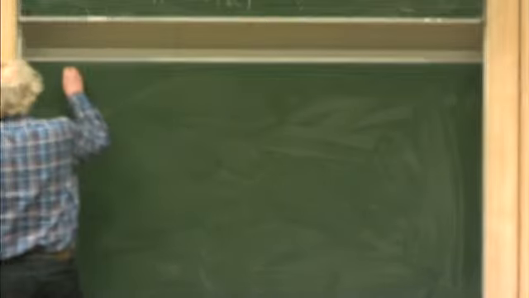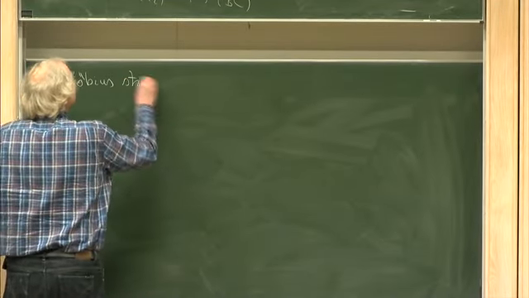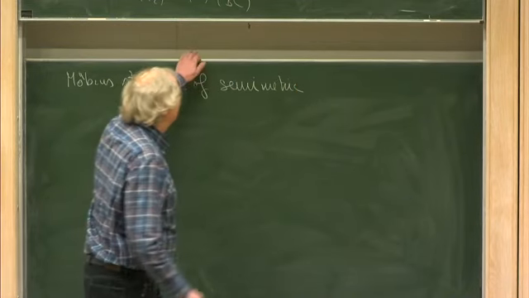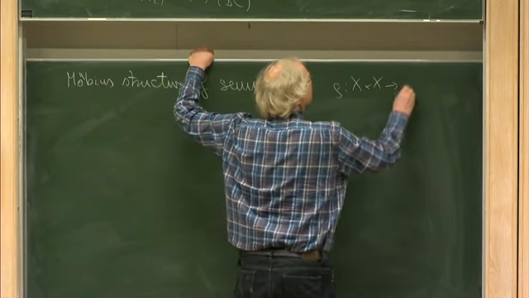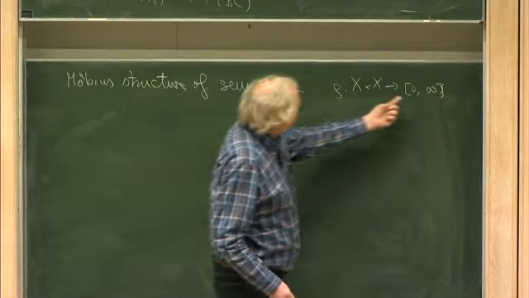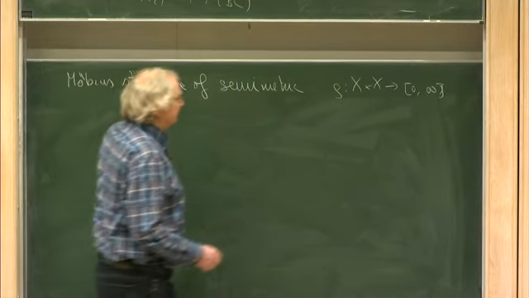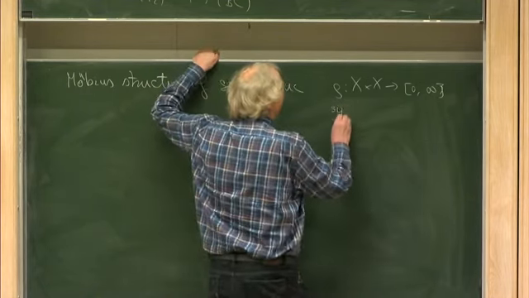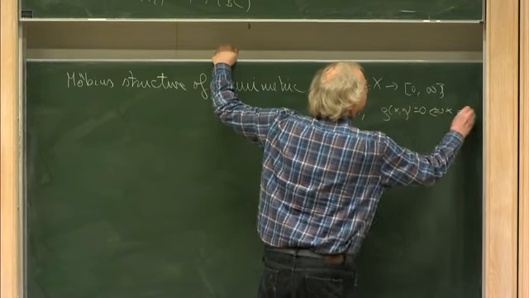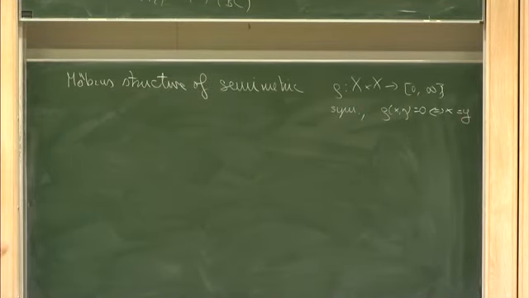So to describe what I mean by a Moebius structure, I first give an example, the Moebius structure of a semimetric. A semimetric for me is just a function which associates to a pair of points a number between 0 and infinity, which could be 0 or infinity, such that it is symmetric, and it is positive in the sense that it is 0 only if the 2 points agree.